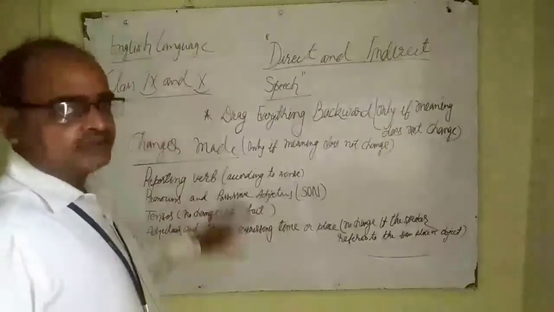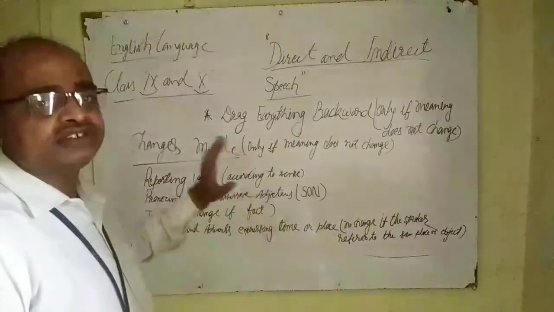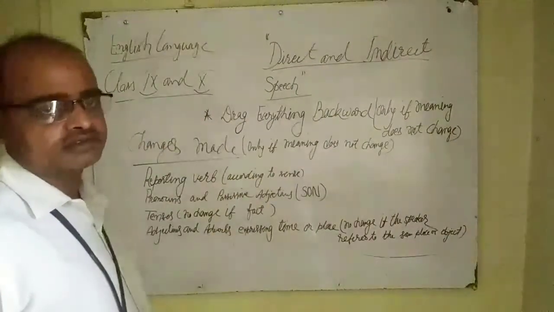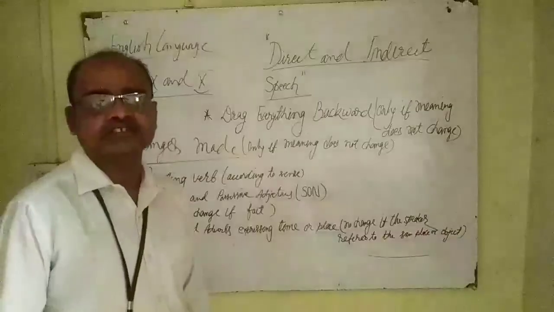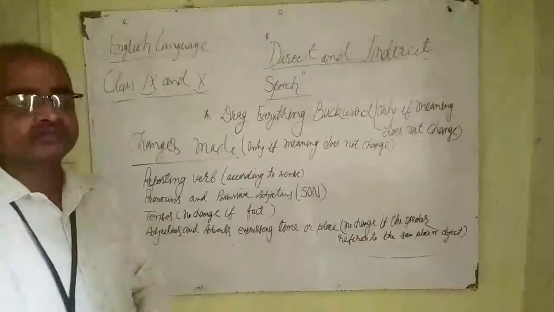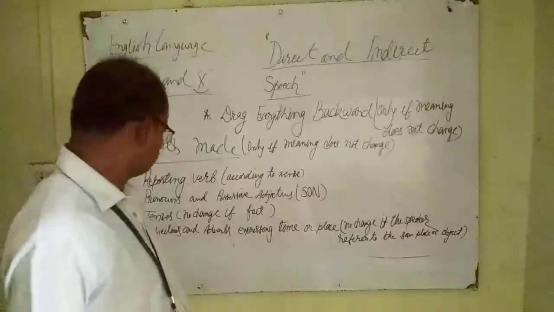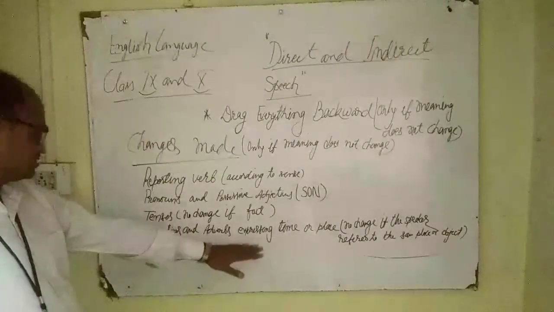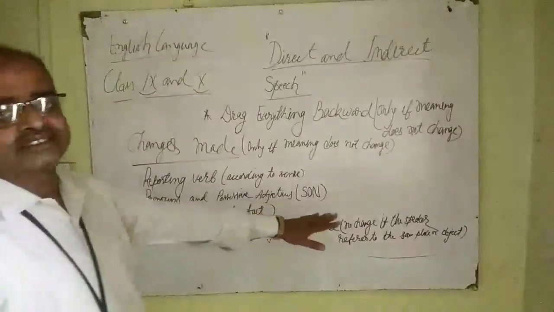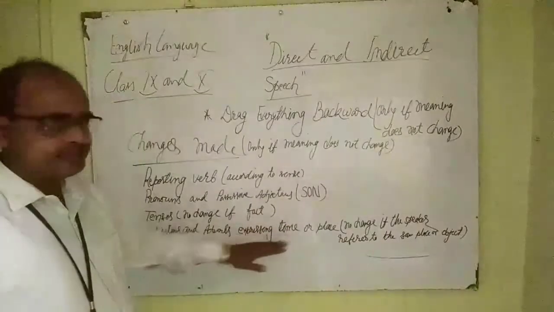If the dialogue speaks about fact, then if you change the tense, meaning will change. So if the dialogue expresses fact or universal truth, tense will not change. Next is the change in adjectives and adverbs expressing time or place. Generally, according to the rule, they should be dragged back.